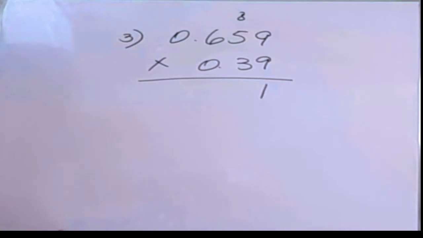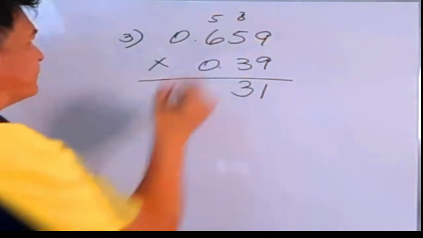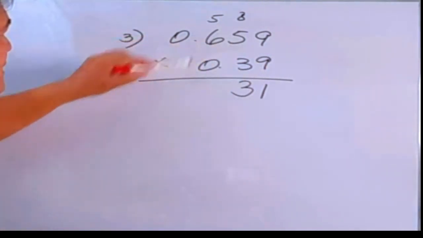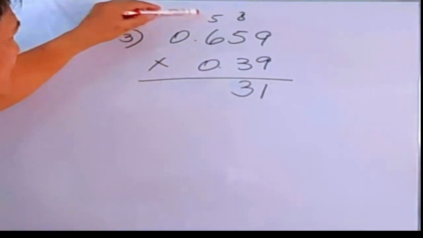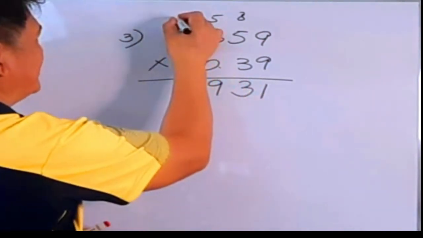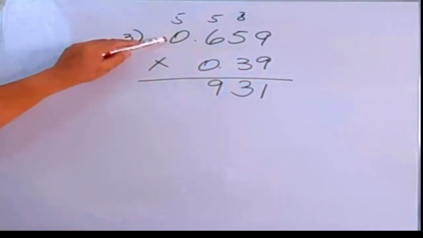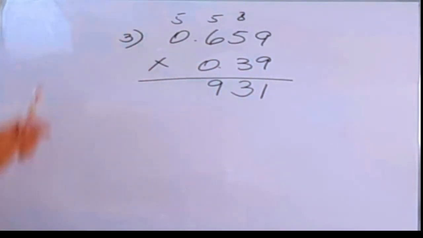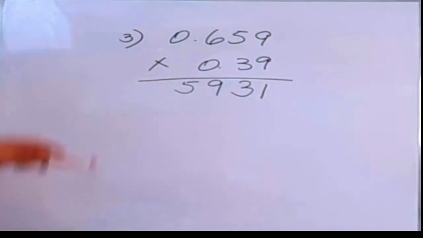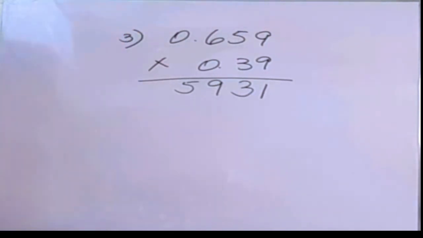Plus 8 is 53. Carry 5. 9 times 6 is 54. Plus 5 is 59. Carry 5. 9 times 0 is 0. Plus 5 is 5.